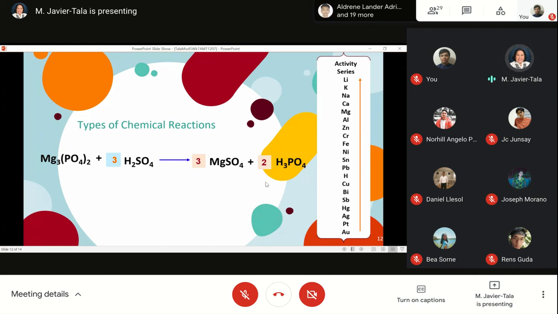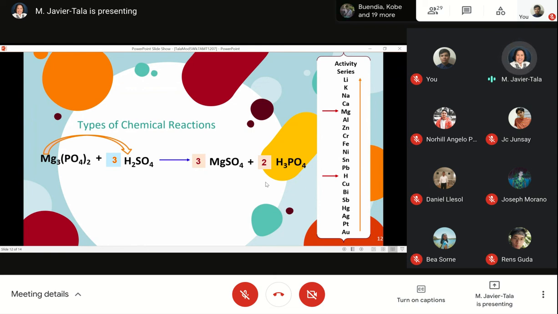So if you observe, magnesium is on the higher part of the activity series compared with hydrogen. So this means your magnesium can replace hydrogen in your sulfuric acid.